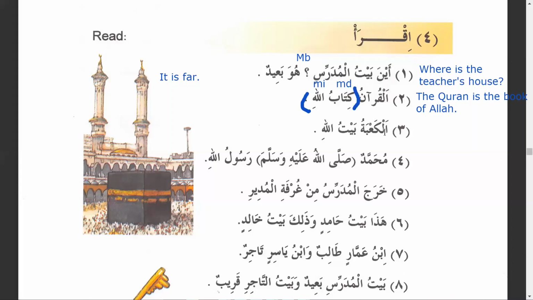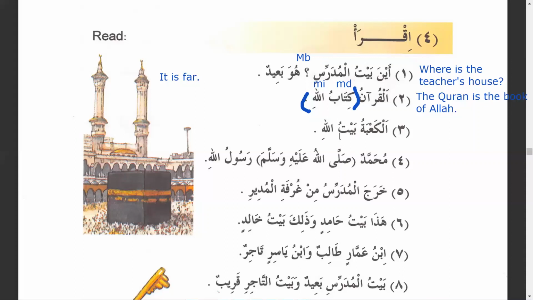Right? Now this one, Al-Ka'batu Baytullahi. The Kaaba is the house of Allah. Excellent. So the sentence is about the Kaaba. And where is mudaf, mudaf ilayh? Baytullahi.